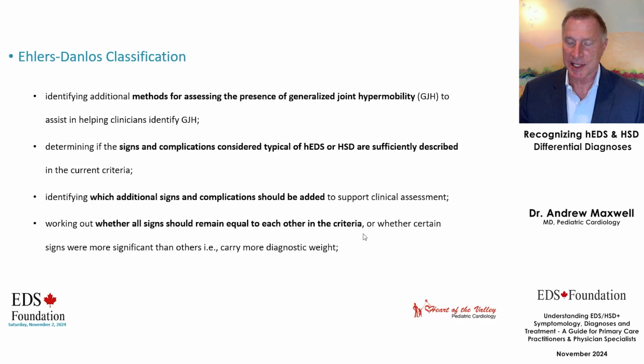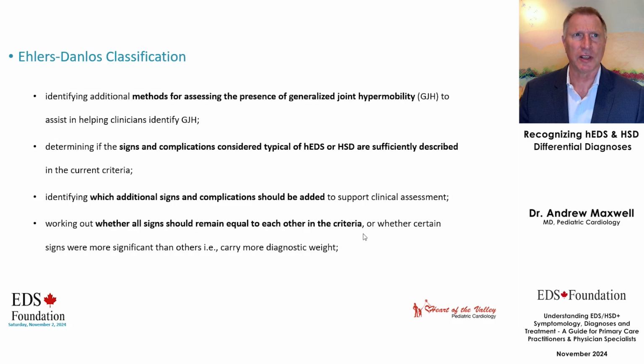Determining if the signs and complications considered typical of hypermobile Ehlers-Danlos and hypermobility spectrum disorders are sufficiently described. In other words, making sure the co-conditions are included, making sure the syndromes of SAG are included. Identify which additional signs and complications should be added to the criteria to support the clinical assessment. And then whether all signs should remain equal to each other.